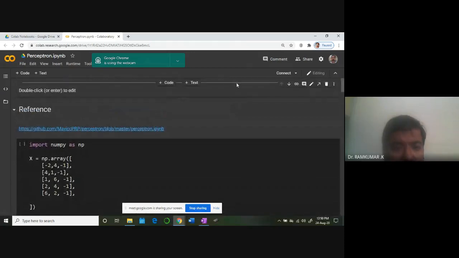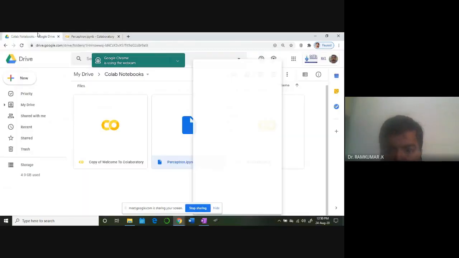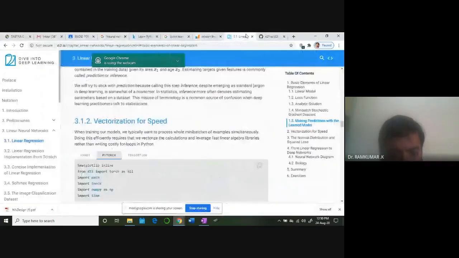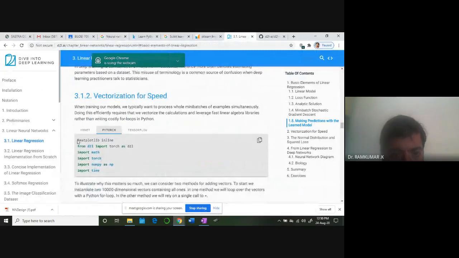You can run it. So for example, here it is. I want to copy this. I want to run this code. Simply I can copy like this and take it to my Google Colab.